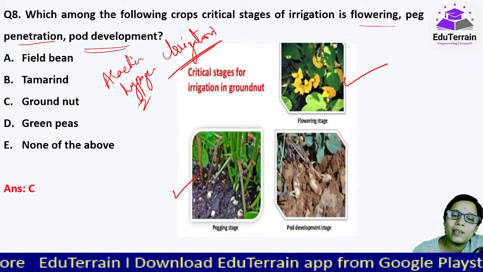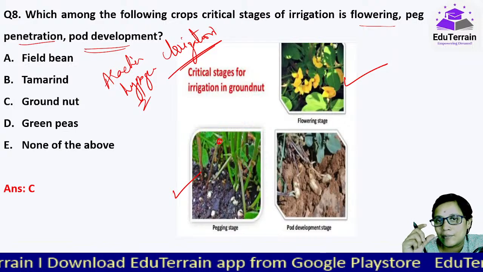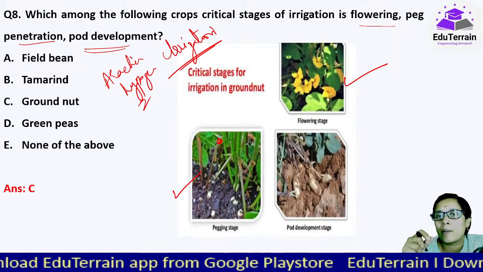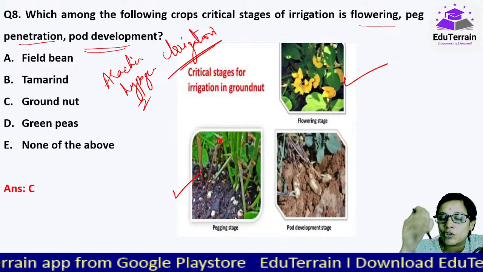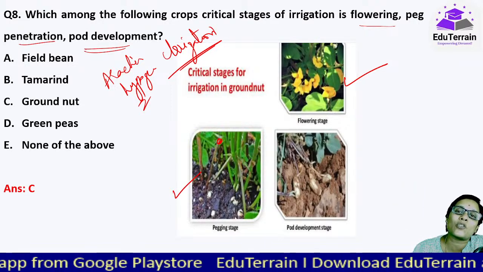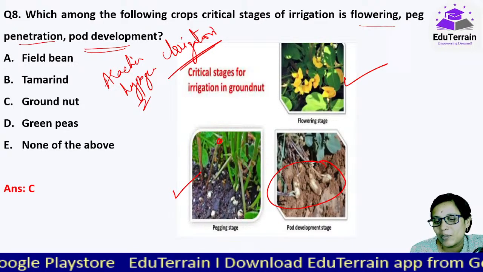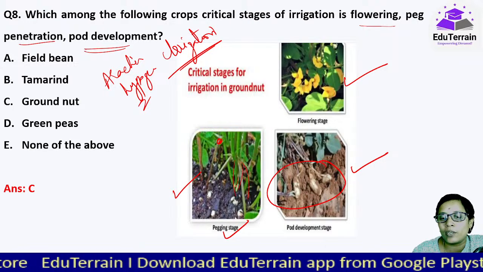Groundnut has one more beauty: once the fertilization happens outside, after fertilization the flower closes, then the peg formation happens. That is, slowly it will go positively geotropic. It grows towards the ground and enters into the soil. After that, the pod and the seeds would be formed. Okay, this is the pod development stage. This is the pegging stage. See, all of them are going downwards.